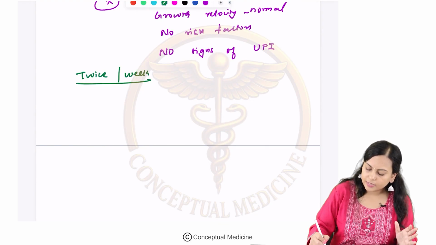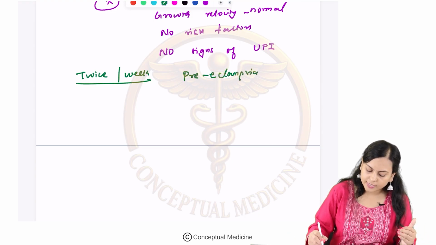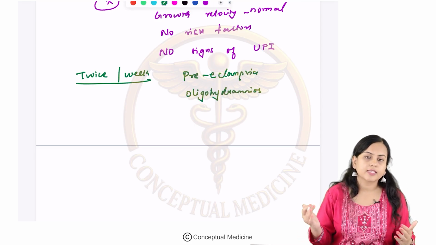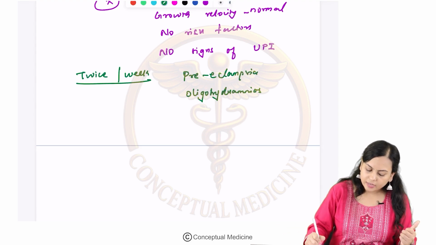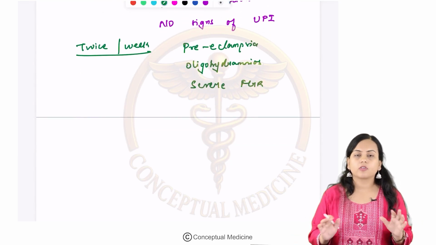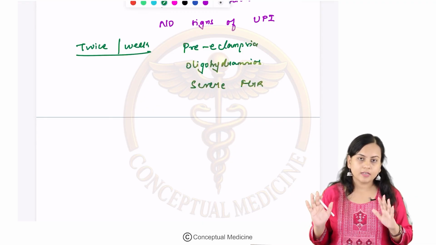Okay, when there are risk factors like preeclampsia, which will result in uteroplacental insufficiency, or oligohydramnios, which is a manifestation that the process has already started, then there is a severe FGR. So in all these cases, you have to do NST or biophysical profile twice a week.